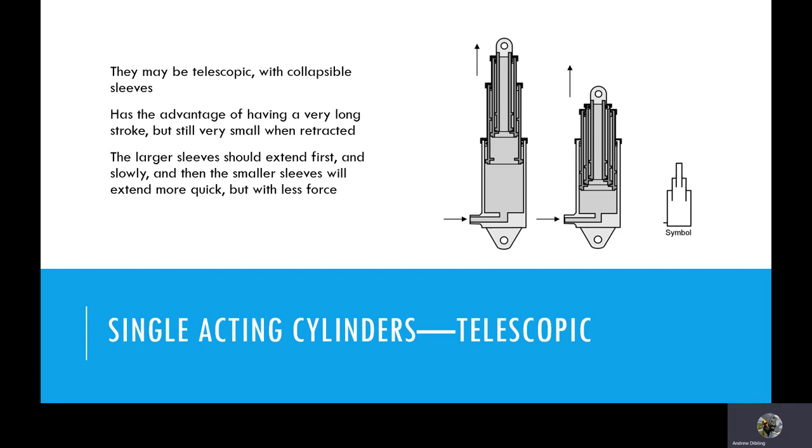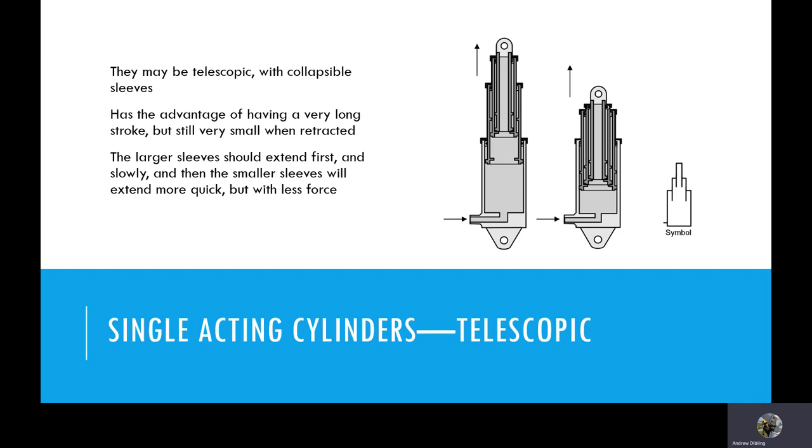Every single one of those independent cylinders is sealed off from the one inside of it, kind of like Russian stacking dolls. It has the advantage of having a very long stroke, but very small when retracted. So I could have it go 50, 60, 120 feet in the case of a telescopic boom on a crane, but have it reduced to 15 feet when it's fully retracted.